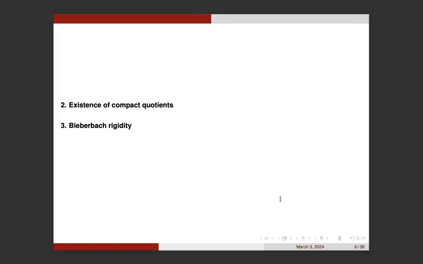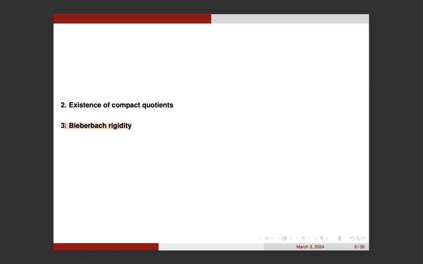So the other two questions in this setting are the two questions I wrote here. First, existence of compact quotients, and then Bieberbach rigidity, or standardness question. I'm going to explain what this is.